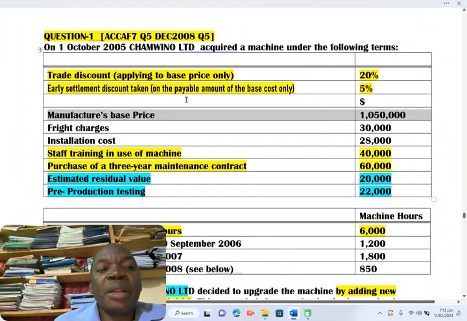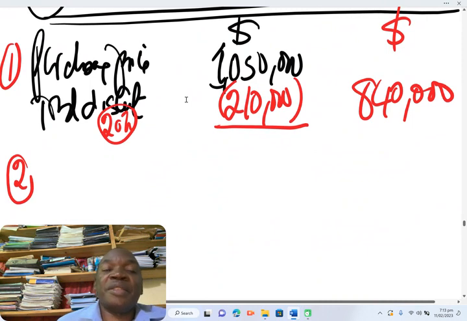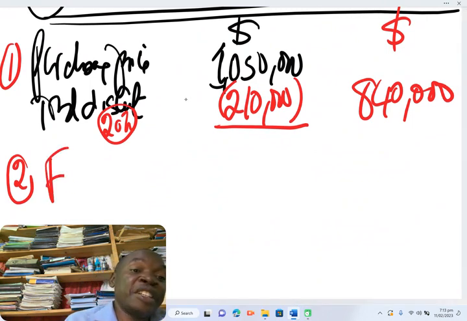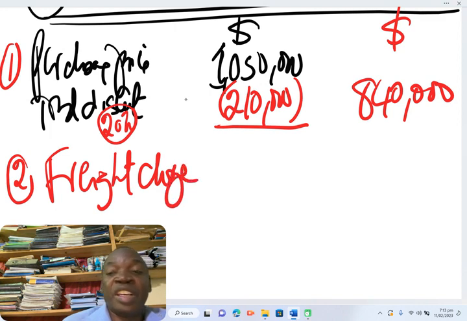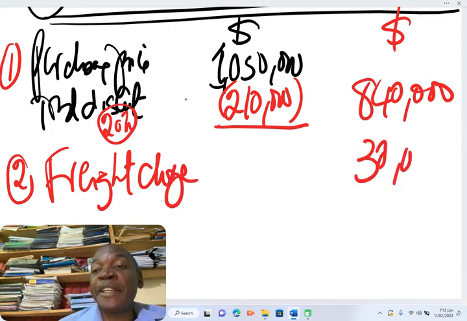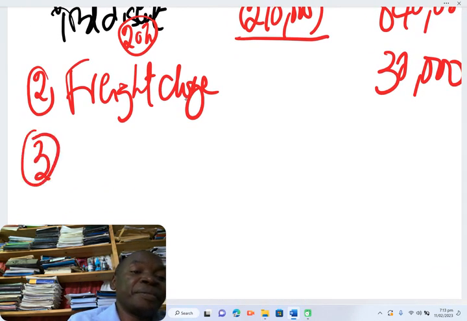item inayofuata amesema freight charges kiasi gani? Sasa do we capitalize freight charges? Freight charges inaingia. Kwa nini? Yenyewe lazima item haiwezi kufika hapa bila freight charges. Number 3, kuna nini number 3?